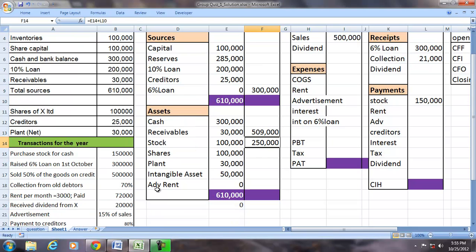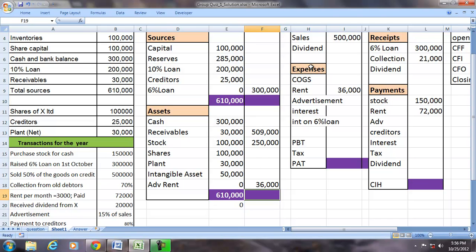Rent per month is 3,000 and rent paid is 72,000, whereas the rent for the period is 36,000. So there is an advance rent. If the payment is more than the expense, it is treated as an unexpired item and that is treated as an asset.